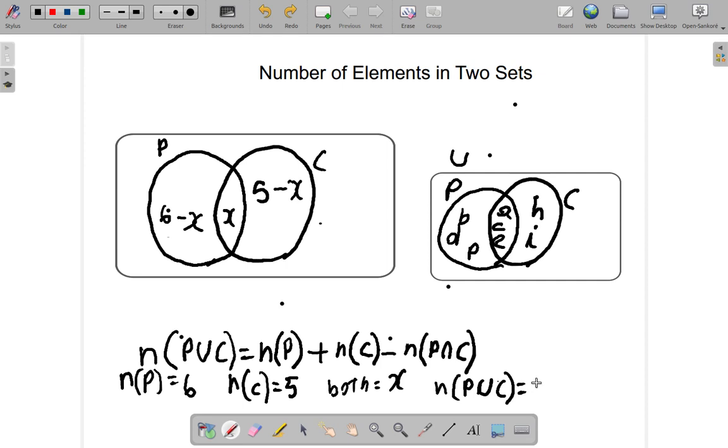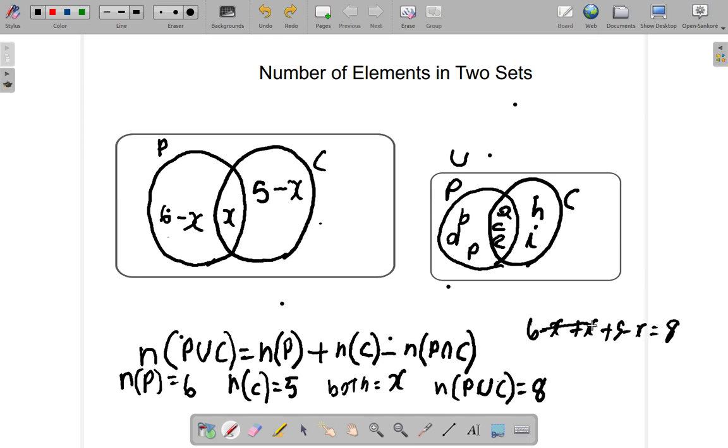The number in the union is, how much do you have? 6, 7, 8. There are 8. Even without the formula, you could say 6 minus X plus the X in the middle, plus the 5 minus X is equal to 8.